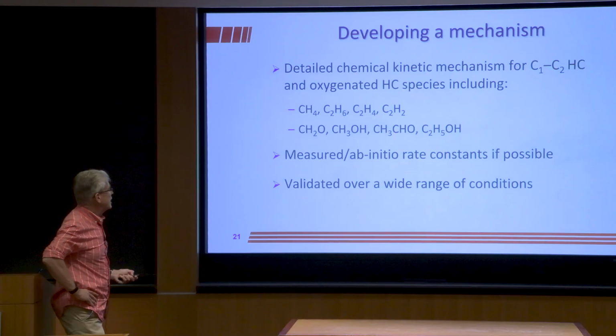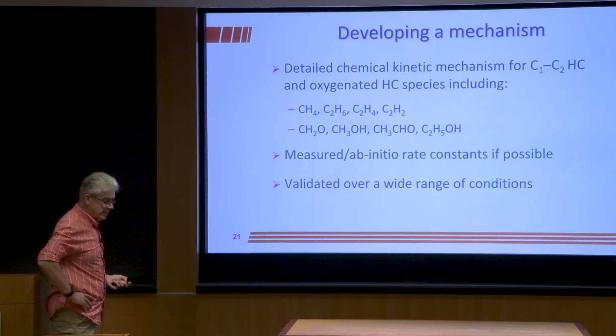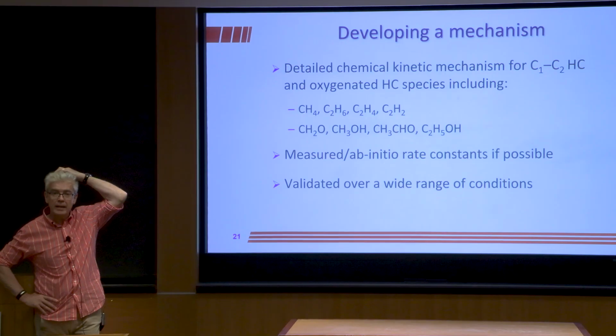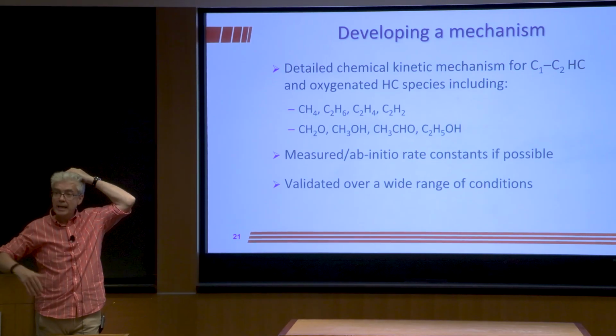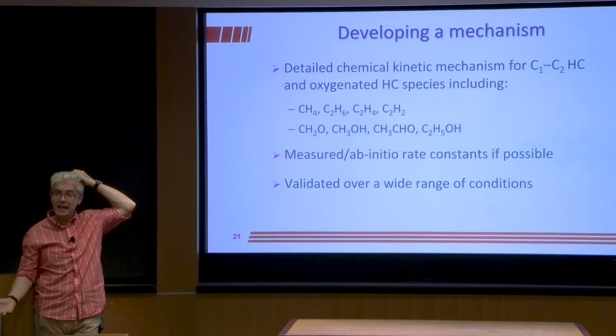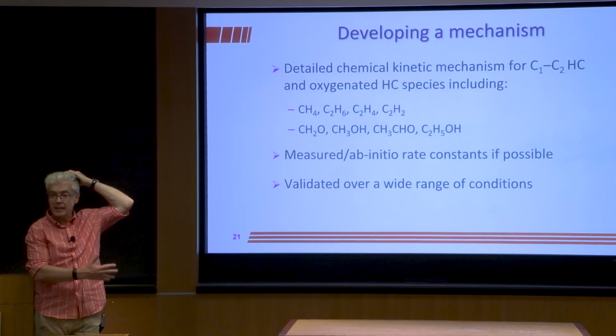So I made it my business, as I said to you on Monday, when I went back to Galway, having left Livermore and published the n-heptane and isooctane mechanisms, to make sure that I had a very good core species chemistry mechanism for the reasons that I just said.